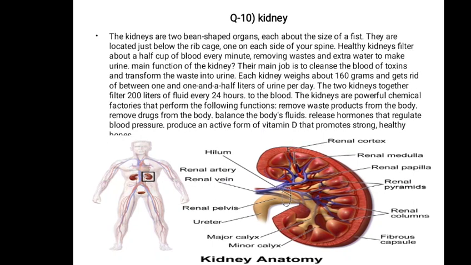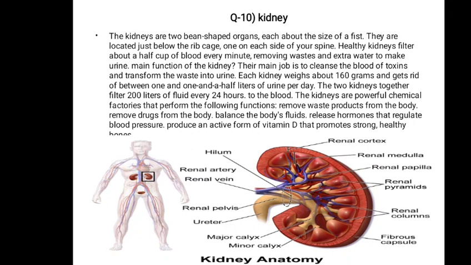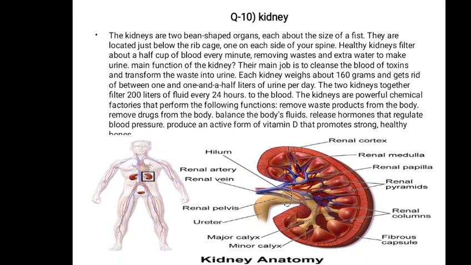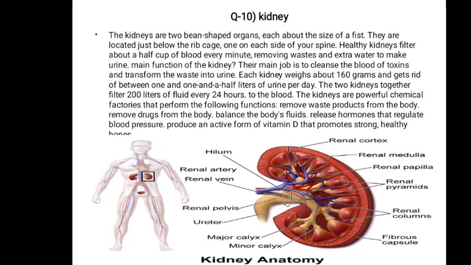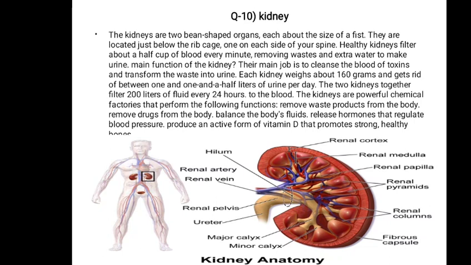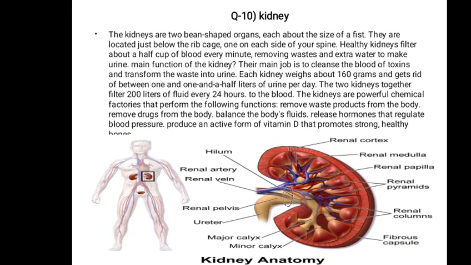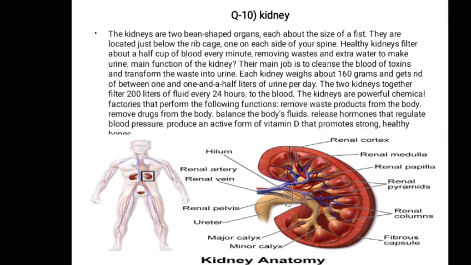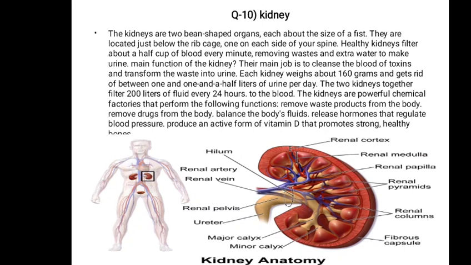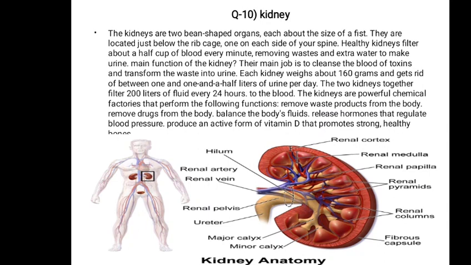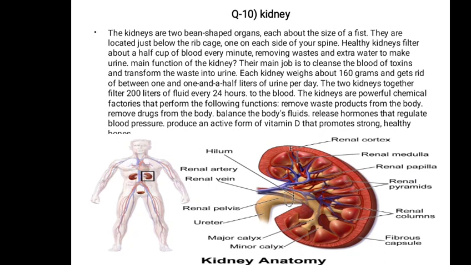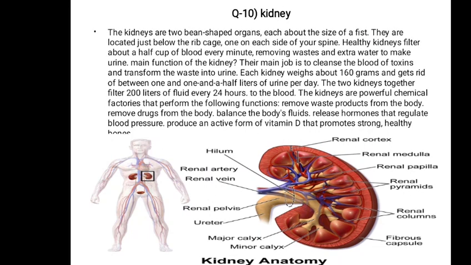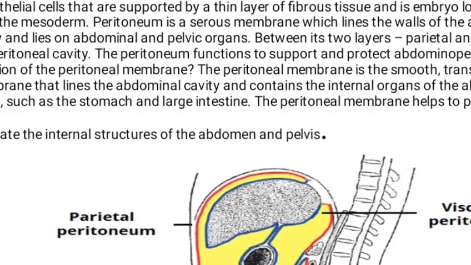Remove the waste products from the body, remove the drugs from the body, balance the body's fluid, release hormones that regulate blood pressure, produce an active form of vitamin D that promotes strong healthy bones. Here kidney diagram is also there. You have to draw the diagram and label it properly.